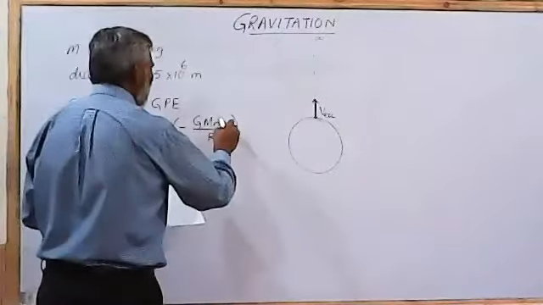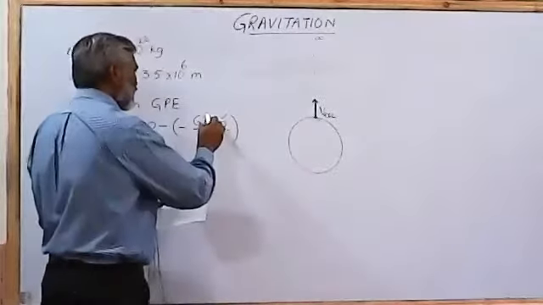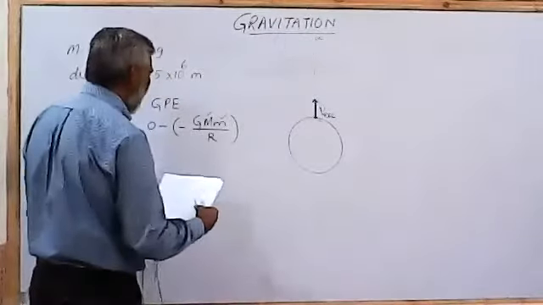This is the mass of the object we want to throw. This is the mass of the Moon, and this is the radius.